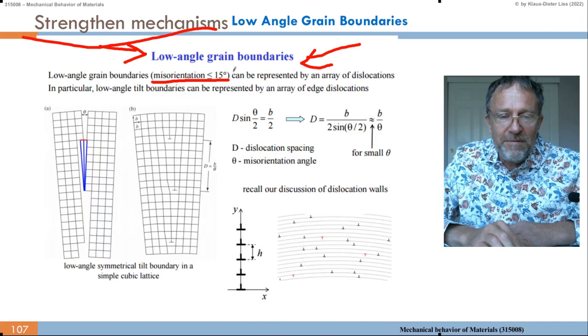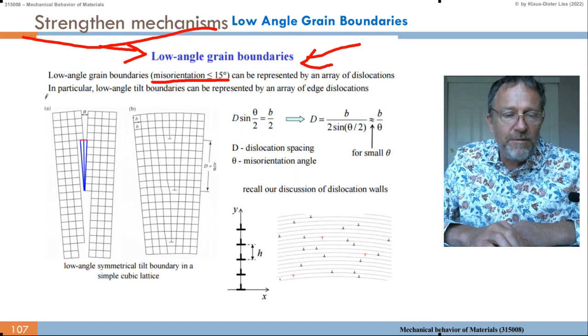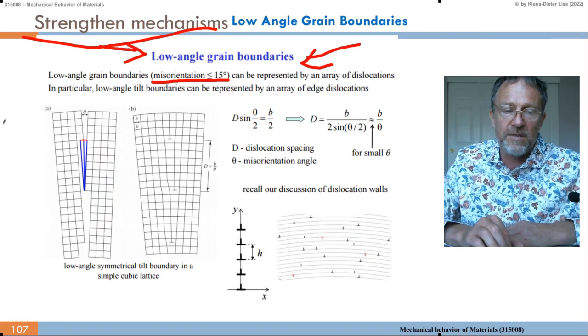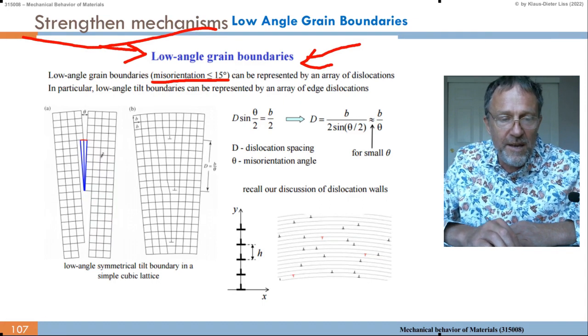If you go well smaller than 15 degrees, then the low angle grain boundaries can be represented by an array of dislocations. In particular, this low angle tilt boundary can be represented by an array of edge dislocations. So you have the edge dislocations, that's a particular example shown here.